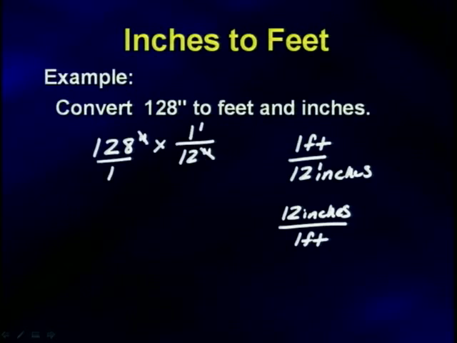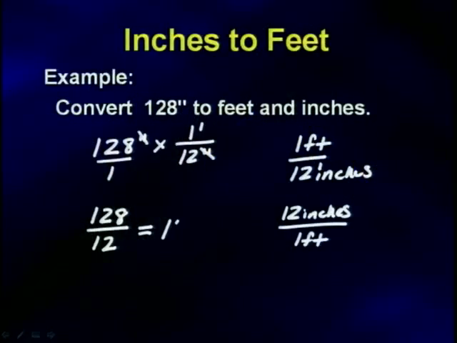Then I can multiply straight across. 128 times 1 is 128, and 1 times 12 is 12. And then do the division. That comes out to be 10 2/3 of a foot. 2/3 of a foot in inches gives me 8 inches. So I have 10 feet, 8 inches.